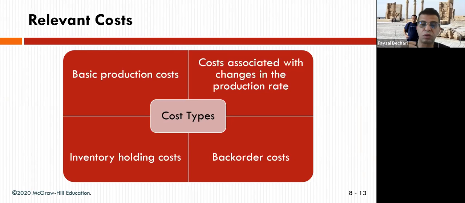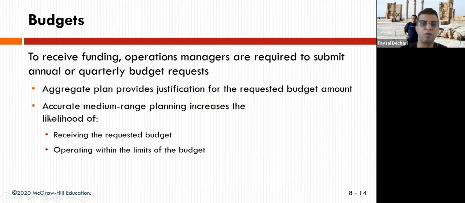You also need to take into account inventory holding costs, how much it costs to keep these things in inventory, and the back order cost, for orders that are filling the production pipelines. These are all costs involved.